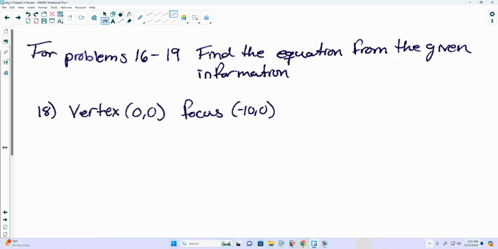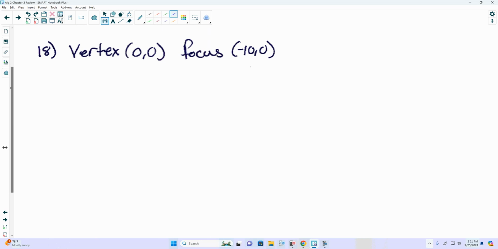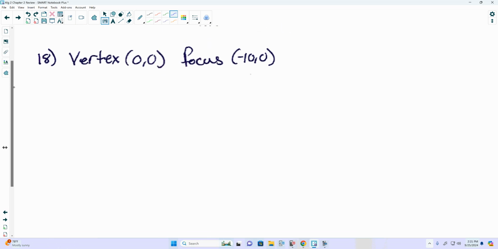I want to look at 18. Vertex does not help us tell which one of the two equations it is because it's h, k no matter which one we have. Focus, there's one of two forms: h plus p comma k, or h comma k plus p.